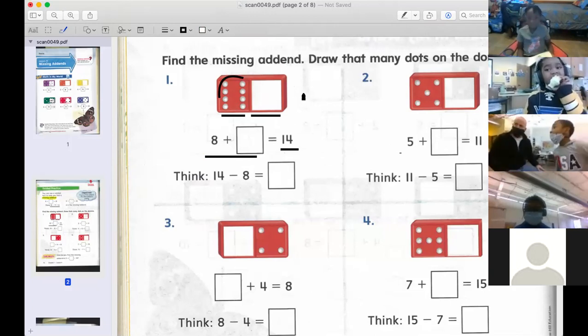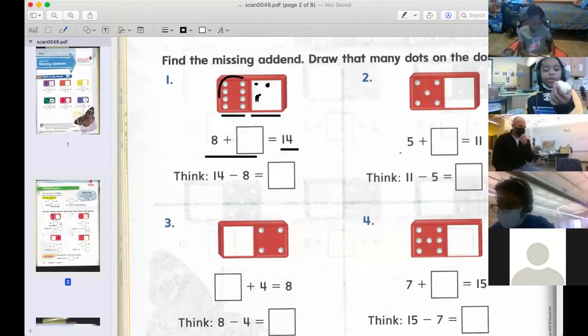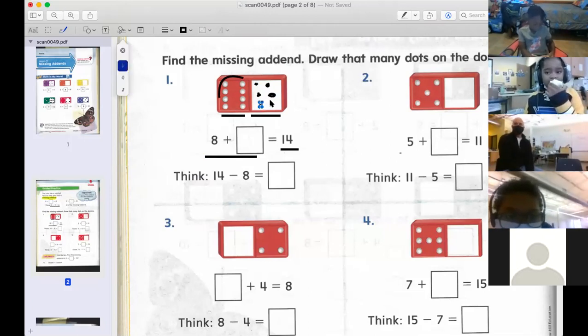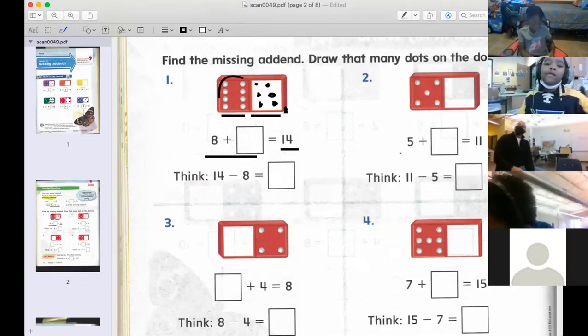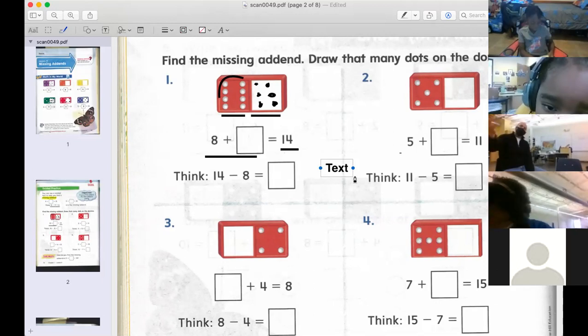So you're drawing on your paper. You have 8, 9, 10, 11, 12, 13, 14. How many more did we add to get to 14? It looks like 6. It is 6.